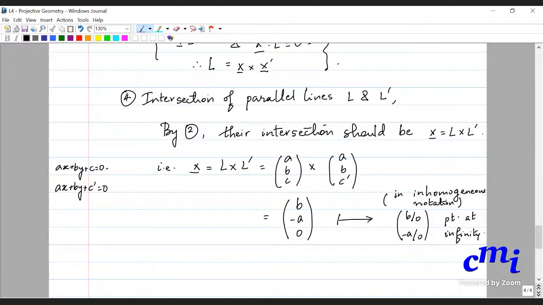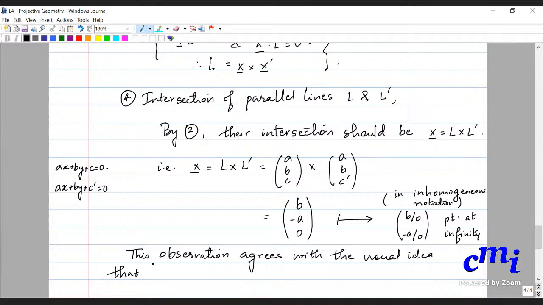Okay, so this observation agrees with our usual idea that parallel lines should meet at infinity. So this statement is worth writing down. This observation agrees with the usual idea that parallel lines meet at infinity.